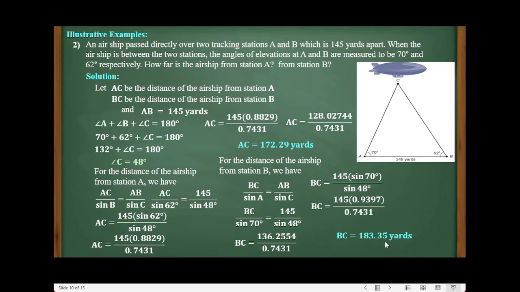And that is 183.35 yards. So, therefore, the distance of the airship from station B is 183.35 yards.